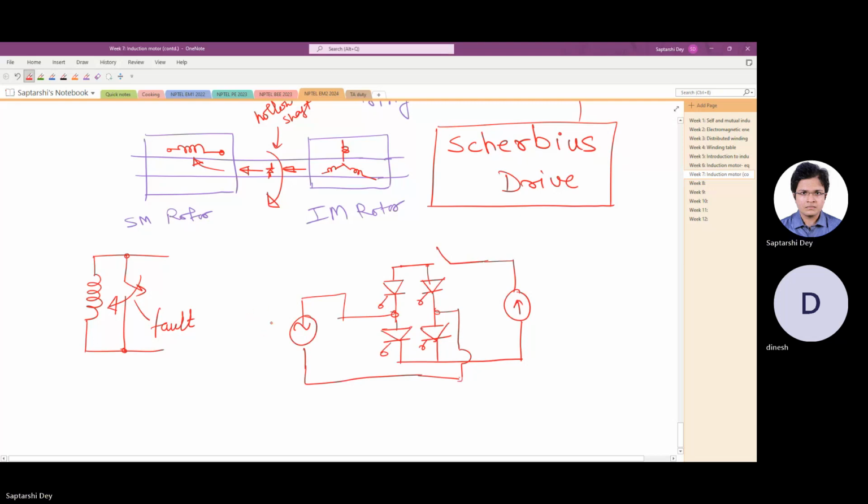The grid. So this is one feasible option.